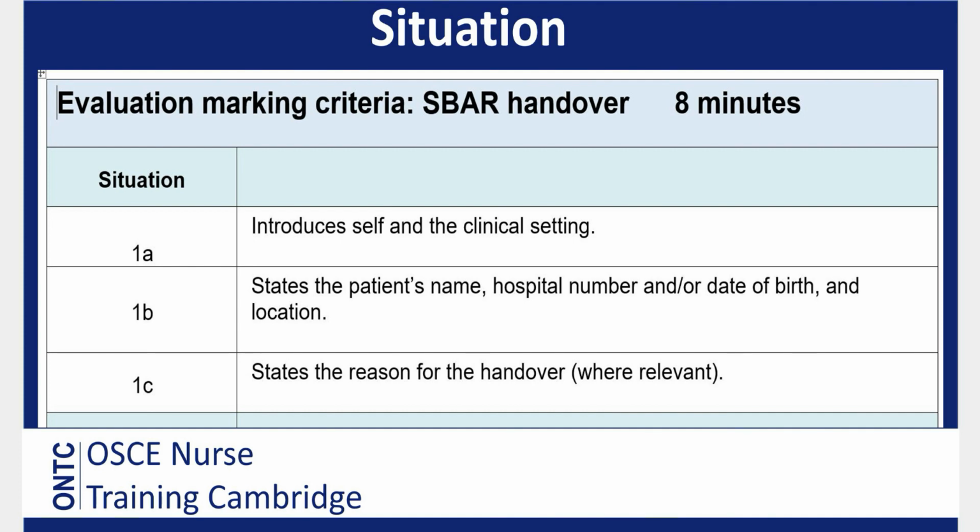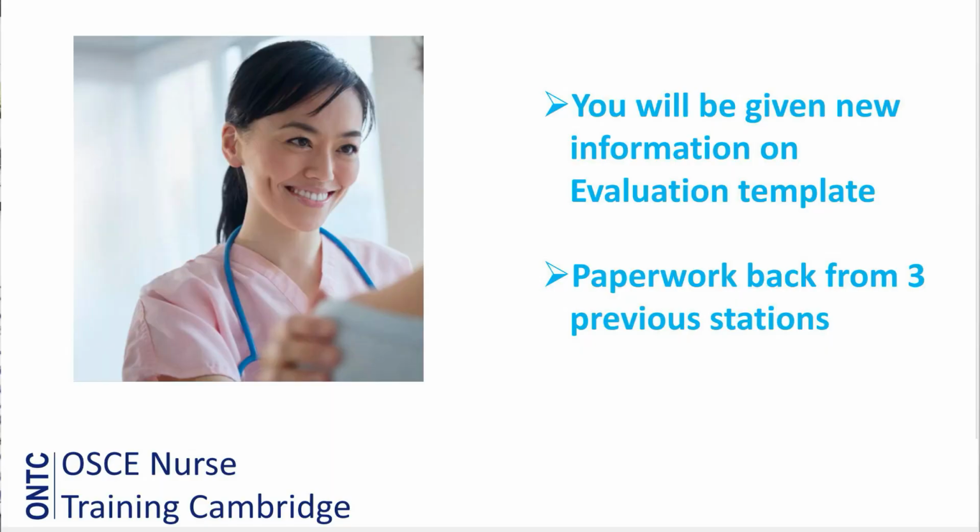When we verbally hand over, what do we want to say in situation, and what notes should we add now? Like I said, in this station you will already have the paperwork back from your planning station and your implementation, which is your drug chart, and your care plans will also be given back to you. So you have all the information from the last three stations to summarize in this one.